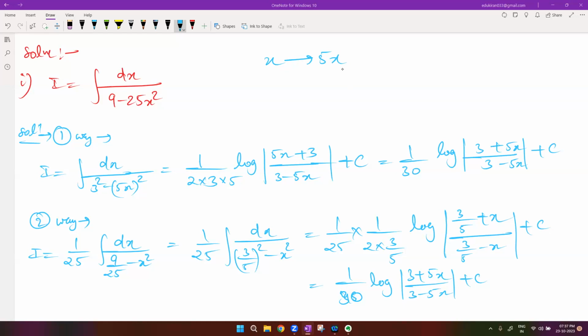Maybe it is 2 by 3, 1 by 2 into 3, but this 5 is from 5x. We have to divide the whole answer by the coefficient of x. If it's only x, then we are dividing by 1. If x changes to 2x, then we are dividing by 2. So this 5 is due to the fact that this is not just x, this is 5x.